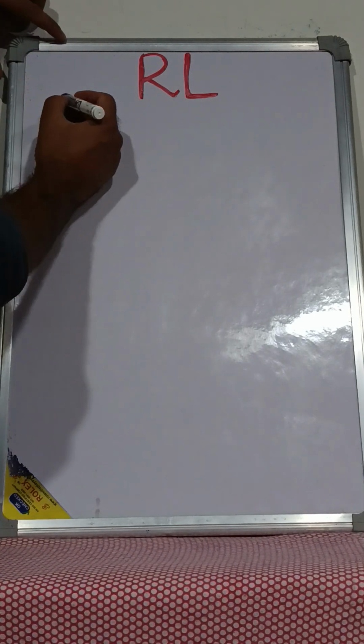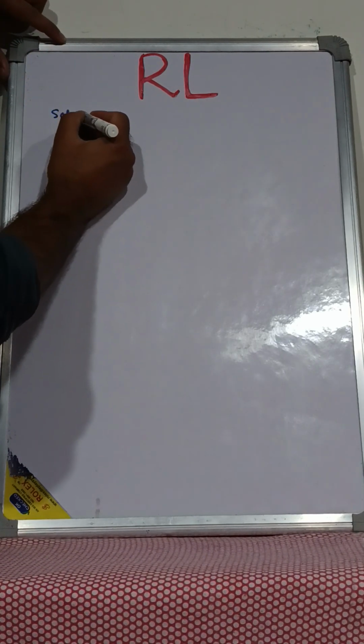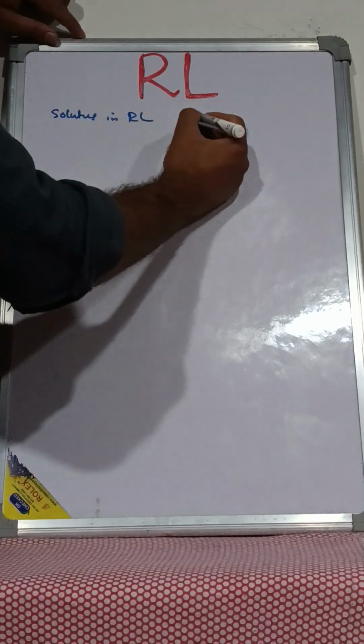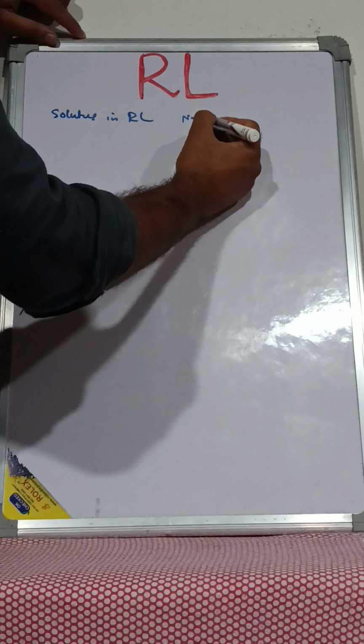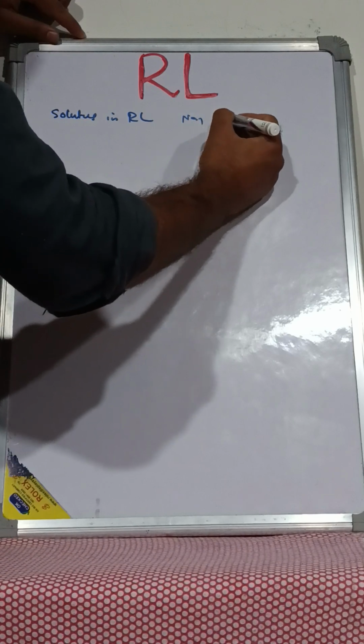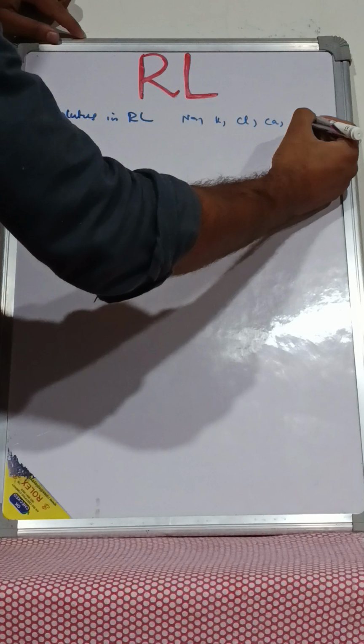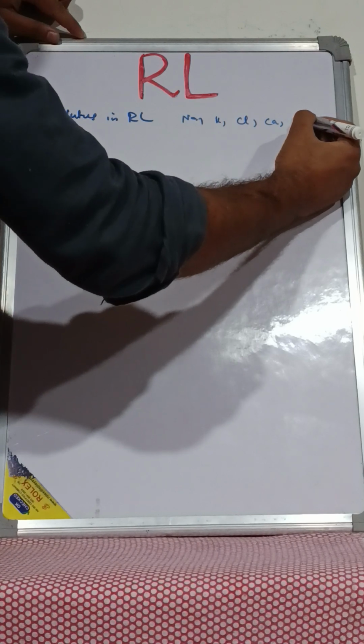Now, if you look at the solutes in RL, it contains sodium, potassium, chlorine, calcium, and bicarbonate.